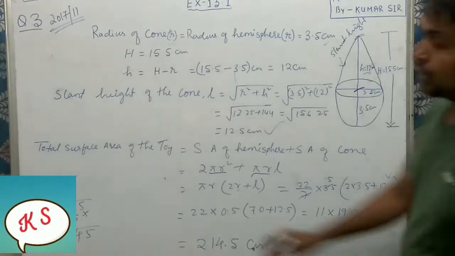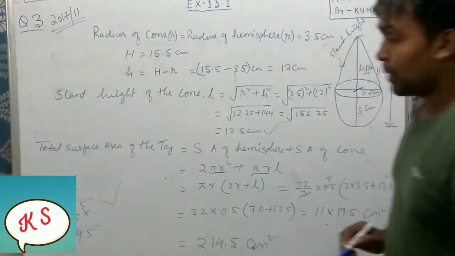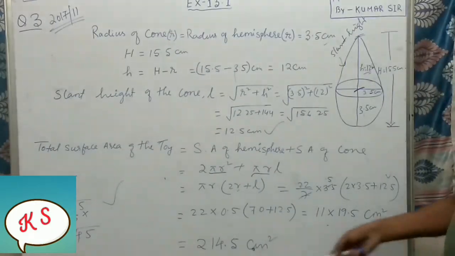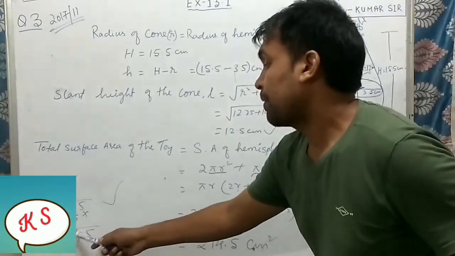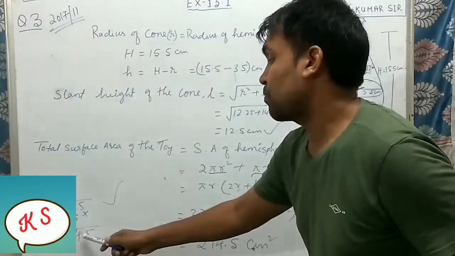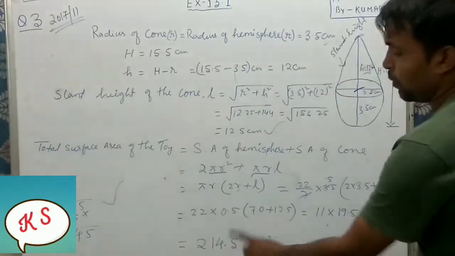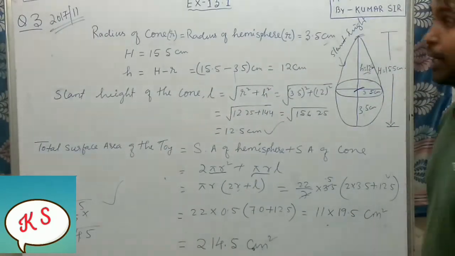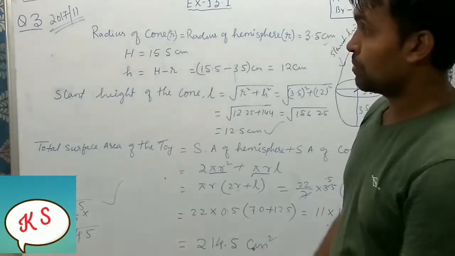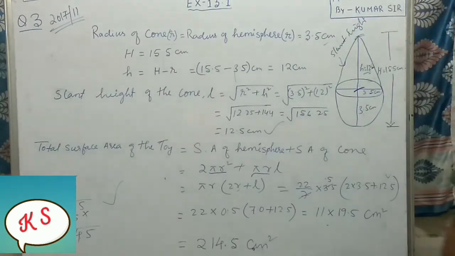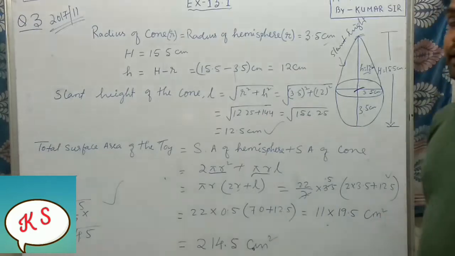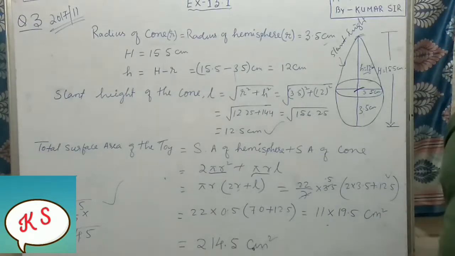When you multiply this, you get 2145. The decimal place is 1, so we place it before 1. It will be 214.5 centimeter square. So this is the solution for question number 3. All of you can take it down in your notebook, and we will go to question number 4.